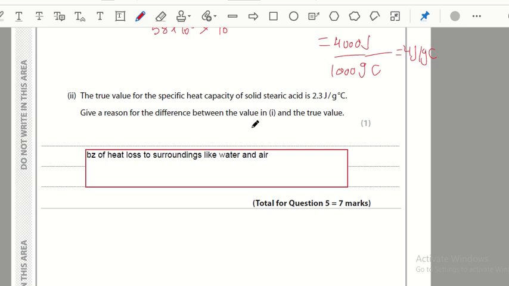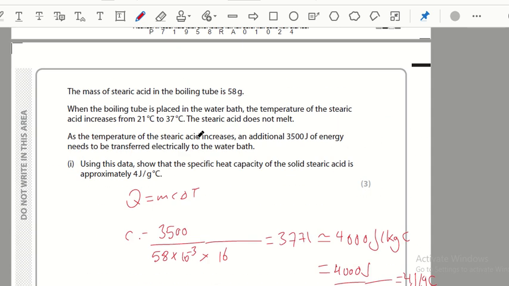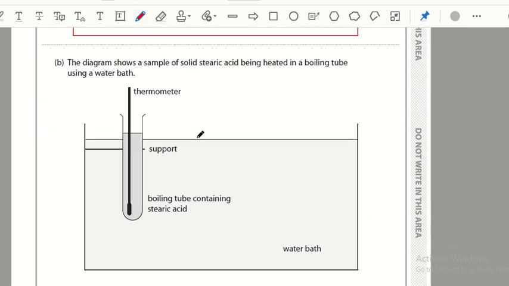Give a reason for the difference between the value in I and the true value. So we have a value that is higher than this, and this is because some energy is lost to the surroundings, like the water, to increase the temperature of water, which will then increase the temperature of the acid, and to the air.